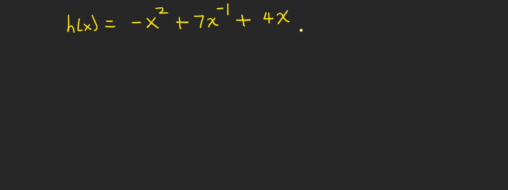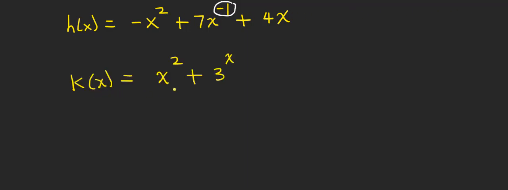Now h of x is not a polynomial because the exponent is negative. In order to be a polynomial, the exponent cannot be negative, and it has to be 0 or positive integers. And what about k of x, x squared plus 3 to the x? This is not a polynomial for 2 reasons.